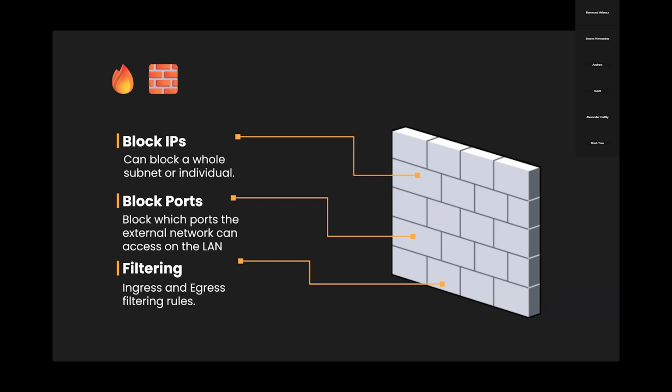Firewalls can also block ports. So if you want specific services to have connections allowed, you would allow those port connections and block all the other ones. There's also filtering with firewalls, such as ingress and egress. Ingress is incoming traffic, egress is outgoing traffic.